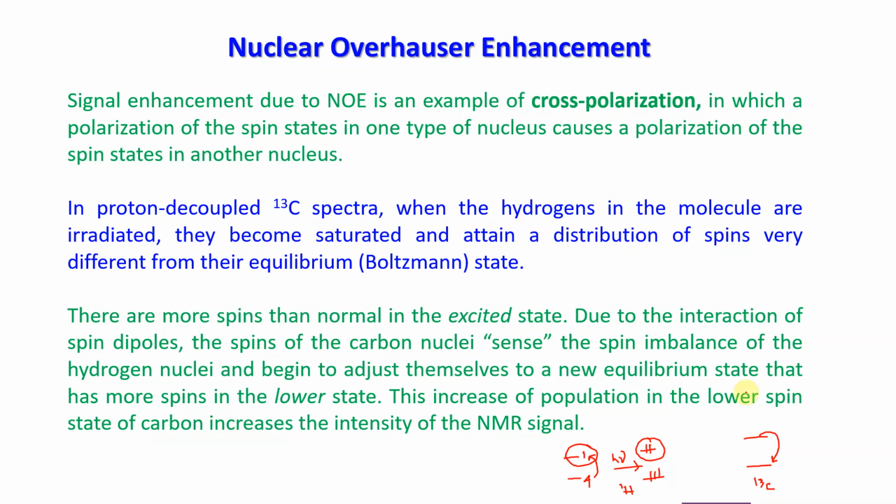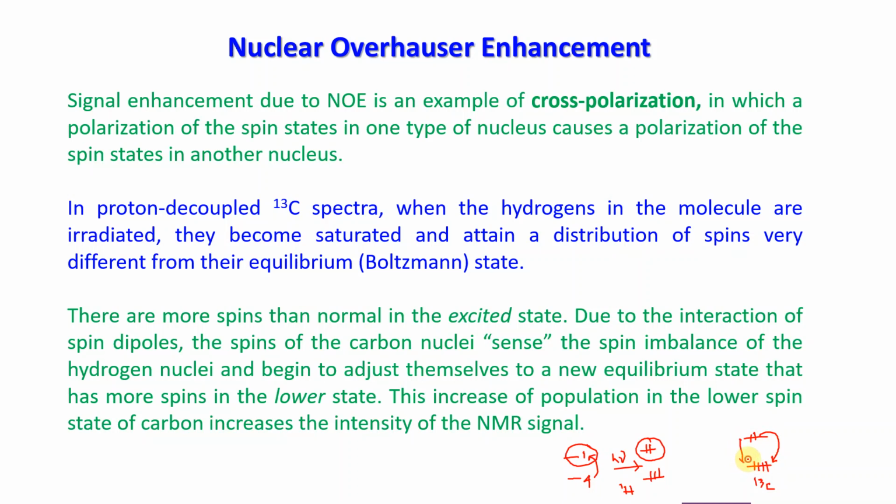What will it do immediately? It has to lower down the spin, and that can be done only by the nearby nuclei. Now the nearby nuclei have a certain population at the excited state, and you have a certain population here. So it will release the nuclei from its excited state to the ground state.